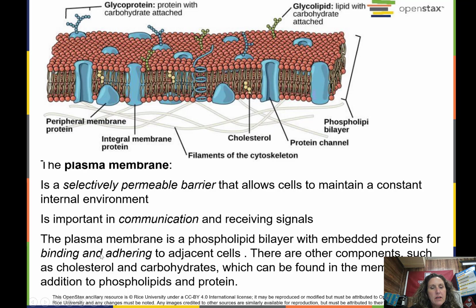The proteins are for binding and adhering, and there's cholesterol that hangs out in this bilayer here. And we're going to talk a lot about the plasma membrane in the next one, so I'm not going to spend too much time on this now. But that's the cell membrane, which is on the outside of all animal cells and is just right inside the cell wall of a plant cell.